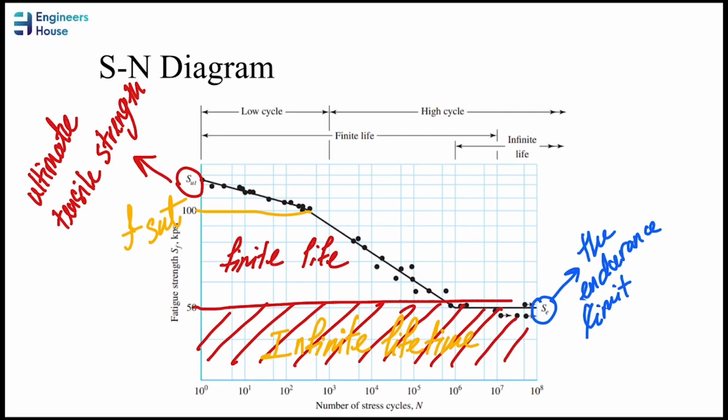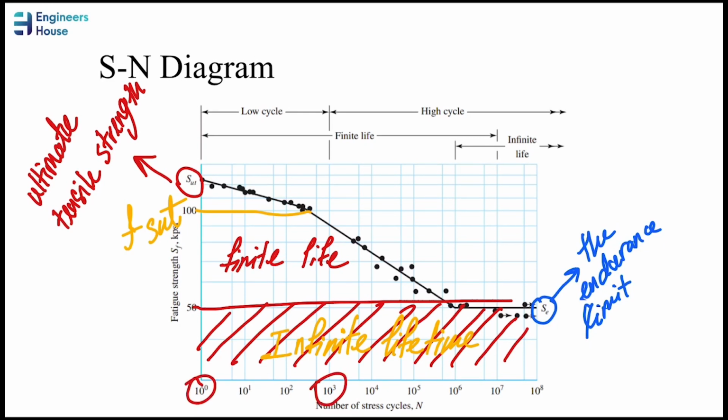The other things that you should know are low cycle and high cycle. By low cycle, we mean that the number of cycles that has happened in a process or in the life of a machine are within this area, from 0 till this number.